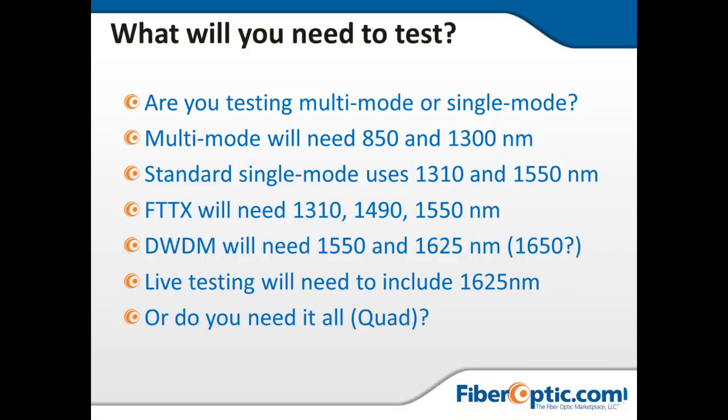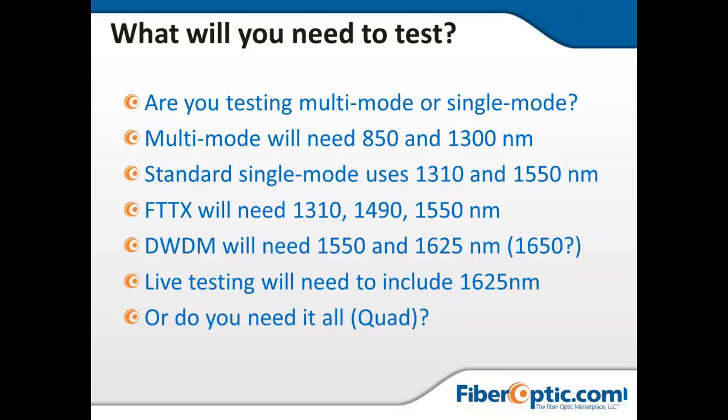Because the 1625 nanometer wavelength is actually pretty close to the top end of where the DWDM operating range is, we're starting to see customers, specifically the cable television customers, Time Warner and others, just came out and requested a quad OTDR with 1310, 1550, 1625, and then a 1650 nanometer filtered wavelength.